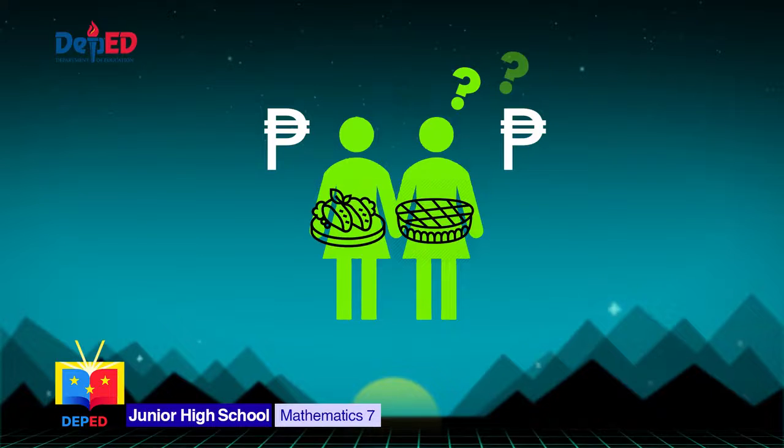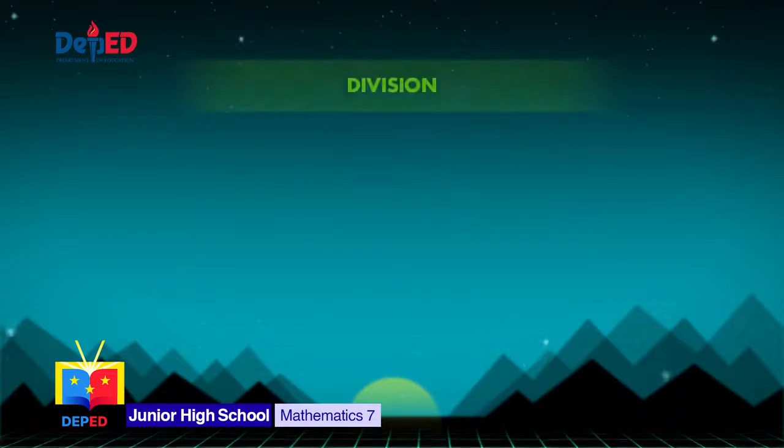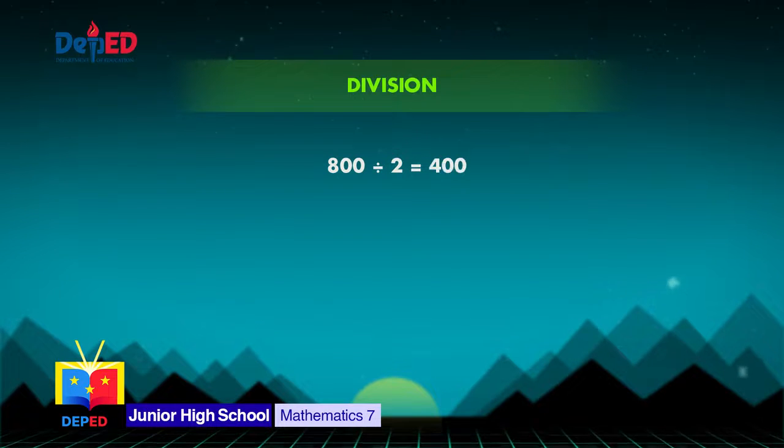Freshies, what operation do you think should we use for these integers? Right! Division! So, we will divide 800 by 2. 800 divided by 2 is 400 pesos.